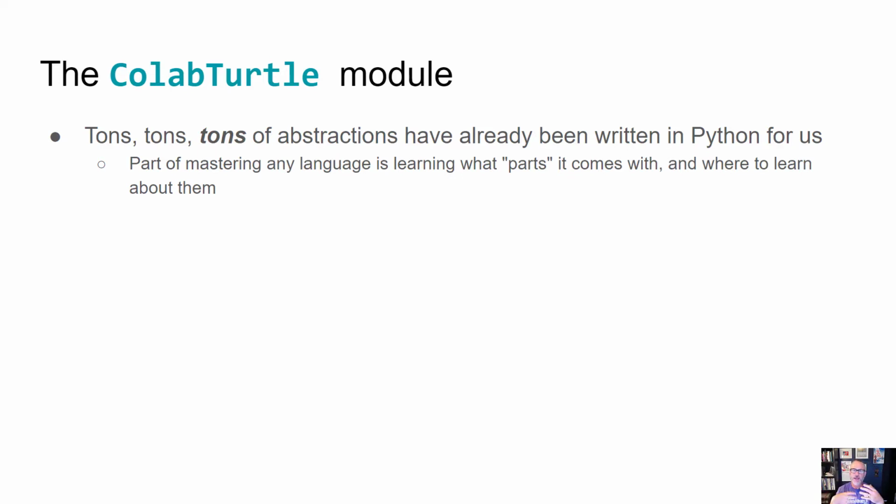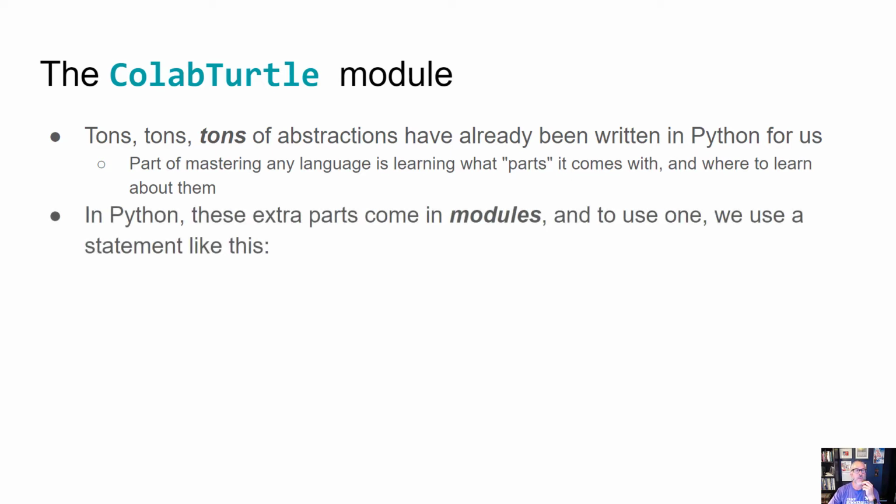And as you become a master craftsman, you learn to use those tools. And so that's what we're doing here, is we're starting to learn about some of the tools that come in Python. So a lot of these extra parts come in what are called modules. And to use those, we have to use a statement like this: import module name.